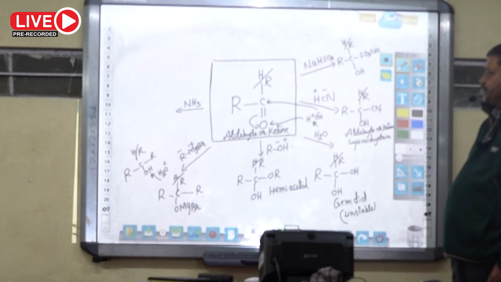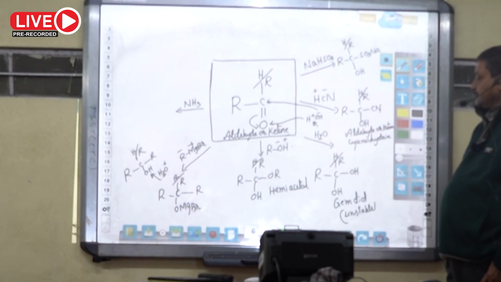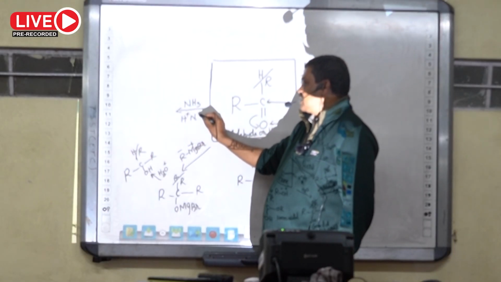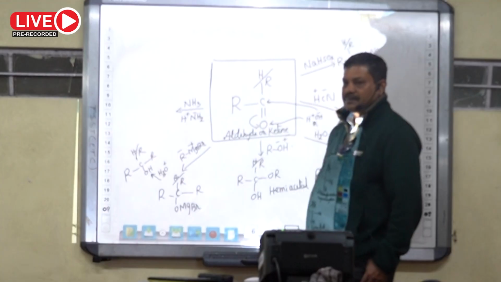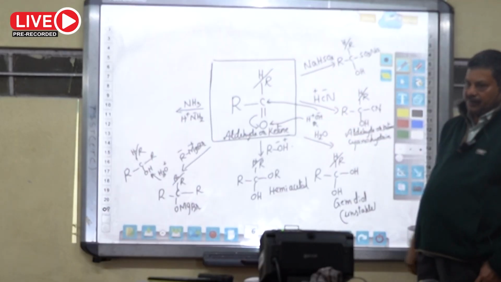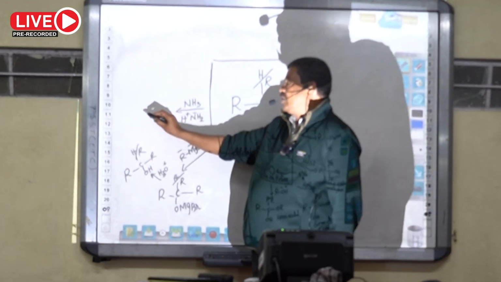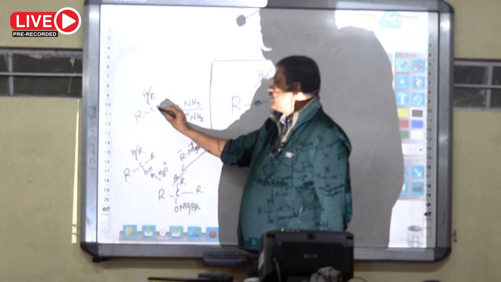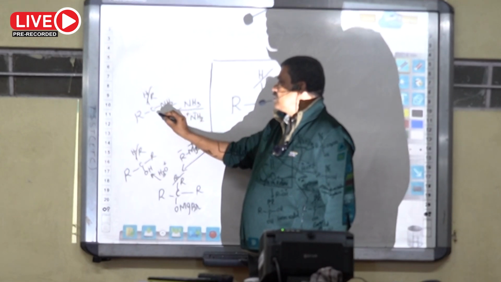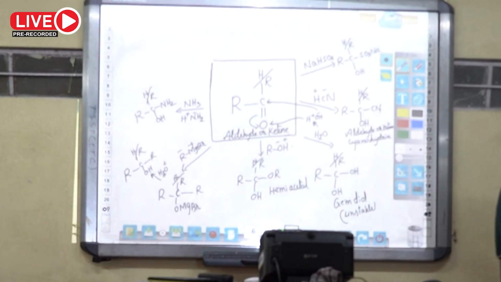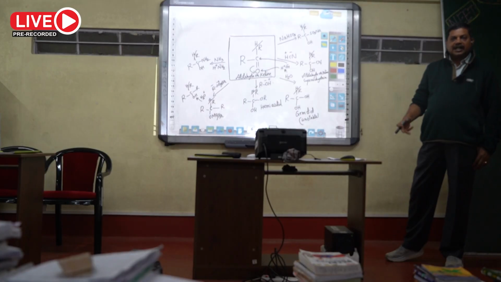OMgBr becomes OH. With ammonia, I can write H plus NH2 minus. H plus will add to O, NH2 minus will add to carbon. You will get aldehyde ammonia or ketone ammonia. These are all nucleophilic additions of both aldehyde and ketone we studied.